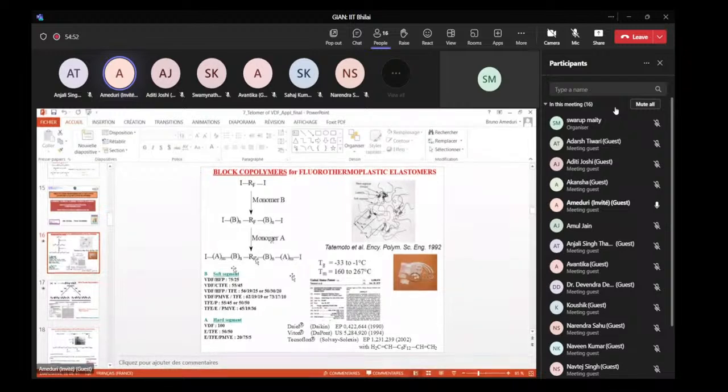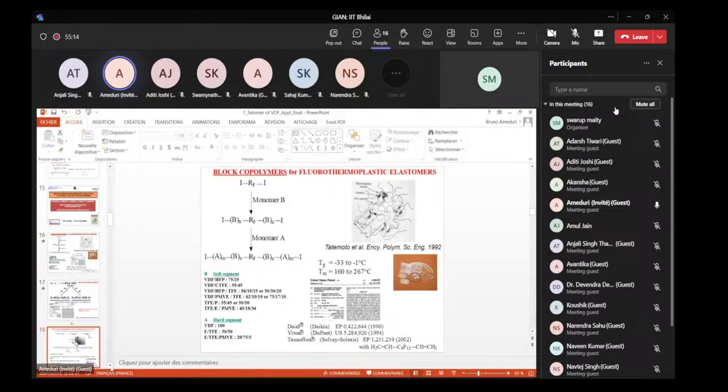And as you can see here, this SEM sketch shows the different crystalline zones and amorphous zones because of the different blocks. So these are commercially available from Daikin as Dai-el, or Viton from DuPont or Chemours, or Tecnoflon from Solvay Solexis.